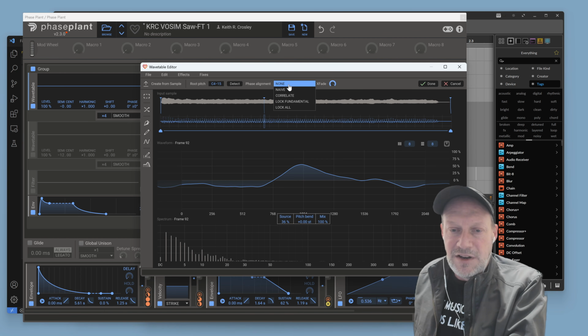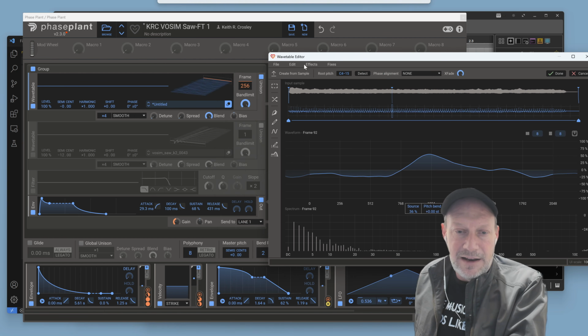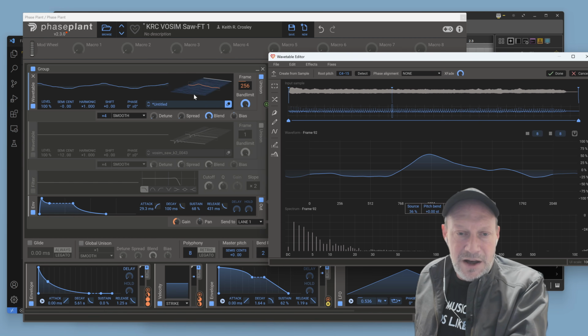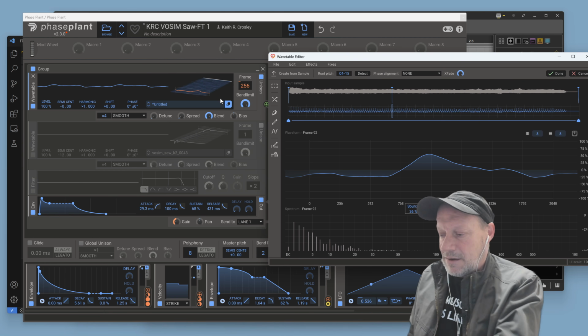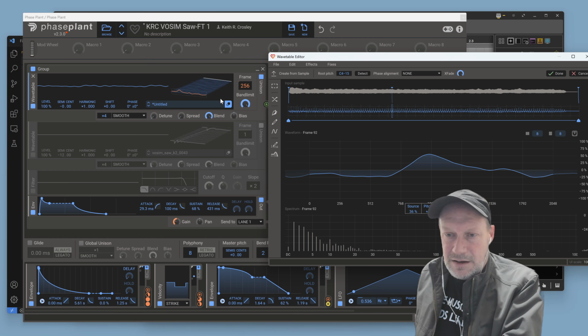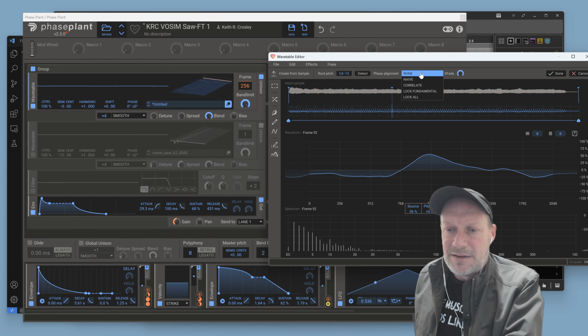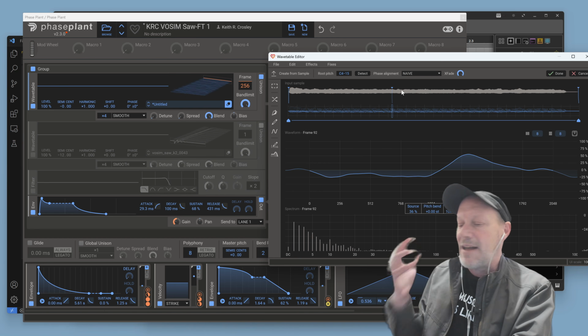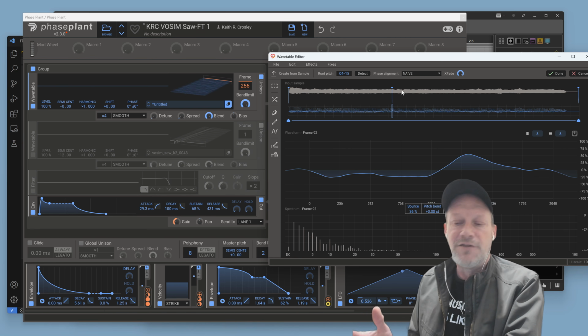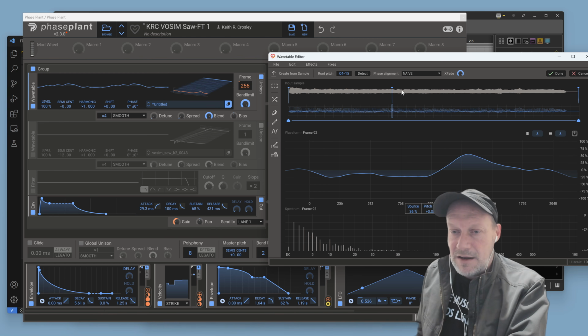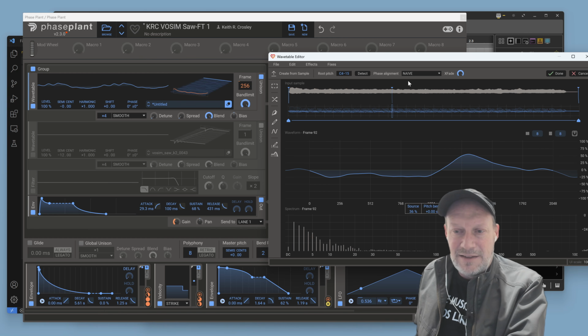Like we can have no phase alignment. And if we do that, I don't know if we'll see this very well. You can see that things are kind of jumping all over the place. And we're hearing both pitch and phase all crazy, but there's other phase alignment modes. So let's try the naive one. I don't know exactly what these algorithms are that are in Phaseplant, but naive does that.